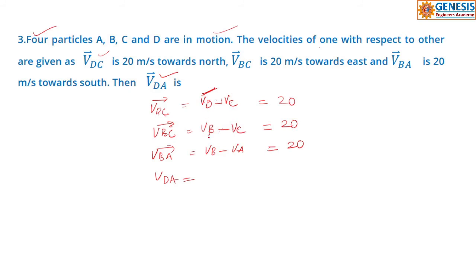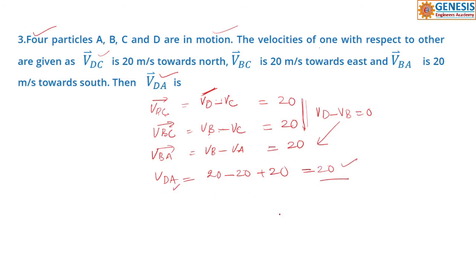I am directly using this. If I subtract both these two, I am going to have VD minus VB, and if I add that one, that is 20, and this is going to be 0. So VDA is 20 also.